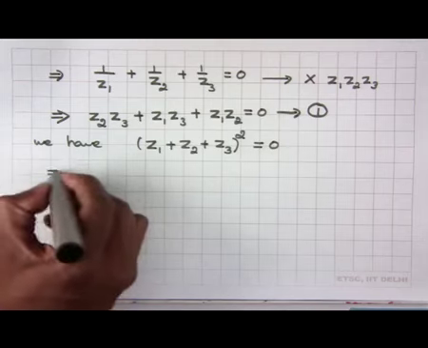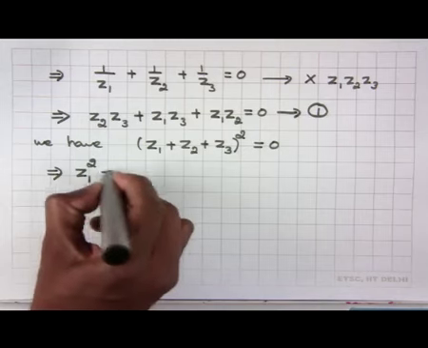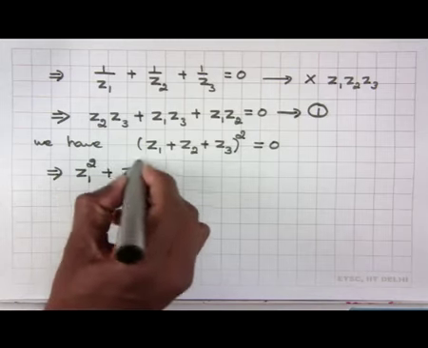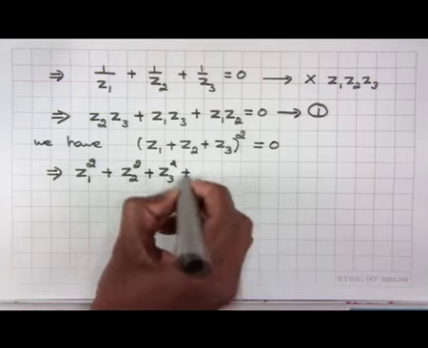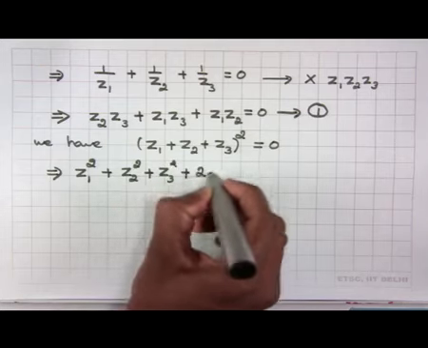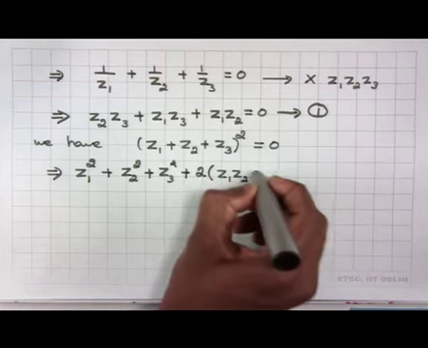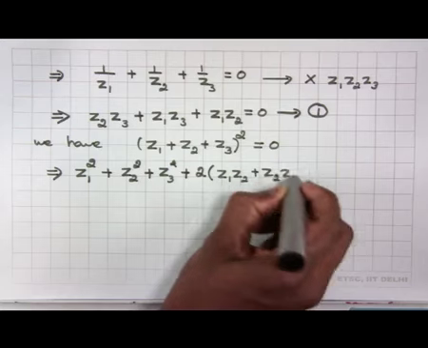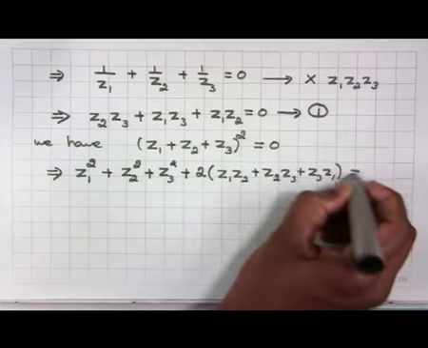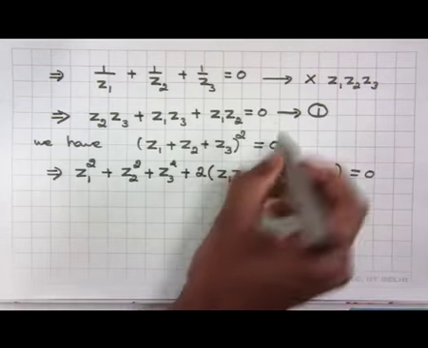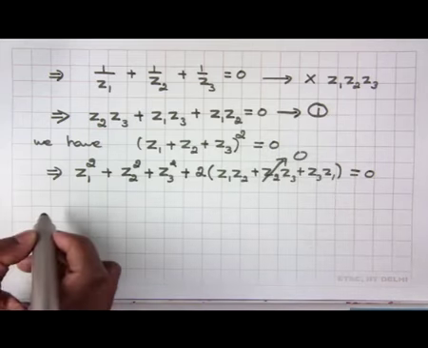Expanding it, we get Z1 square plus Z2 square plus Z3 square plus 2 times Z1 Z2 plus Z2 Z3 plus Z3 Z1 equal to 0, and by equation 1 this factor is 0.